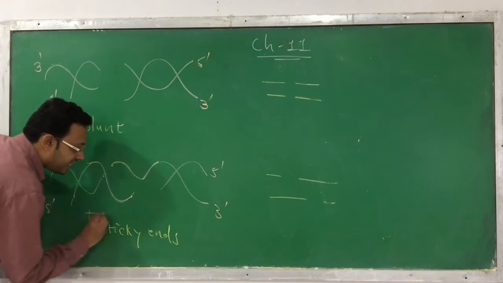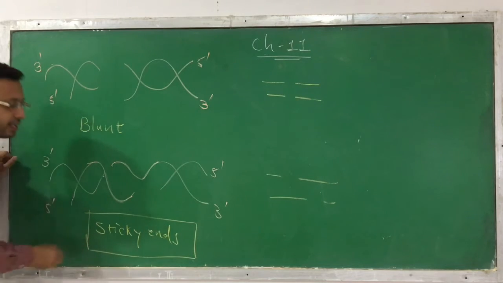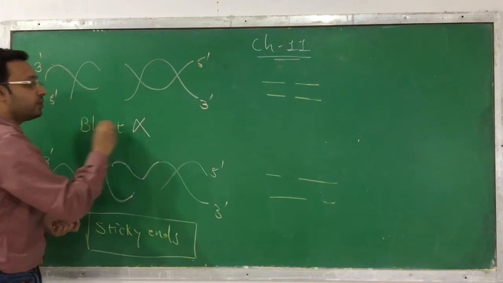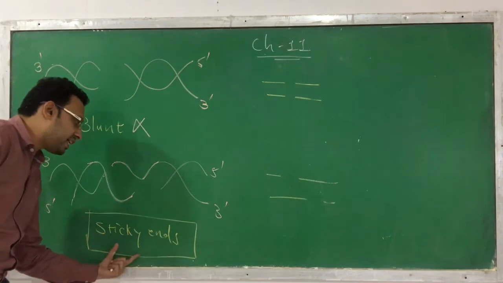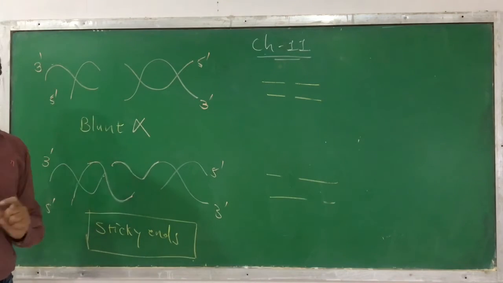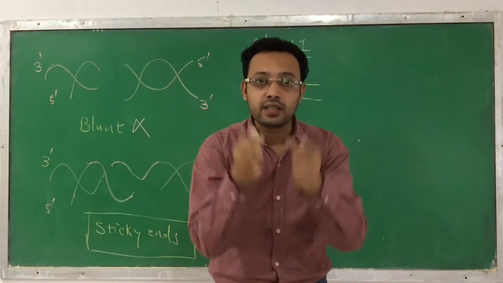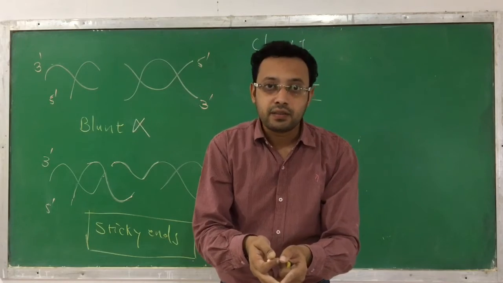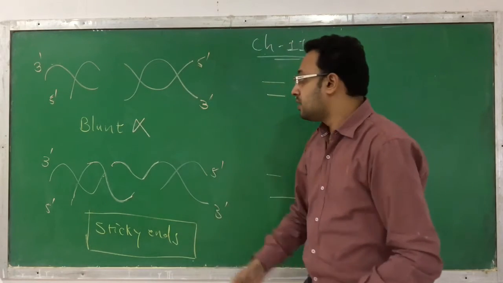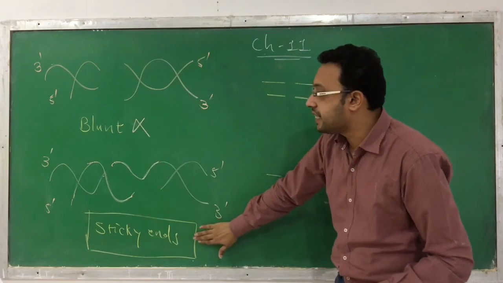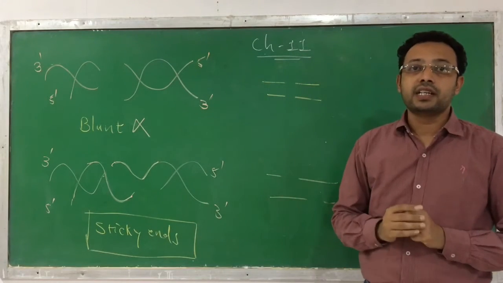But for genetic engineering, we require sticky ends. Blunt ends are not useful in genetic engineering. For genetic engineering, the sticky ends are required. Whether it cuts from the end or from within the sequences, the blunt ends are not going to be utilized in genetic engineering. The sticky ends are going to be utilized in genetic engineering.